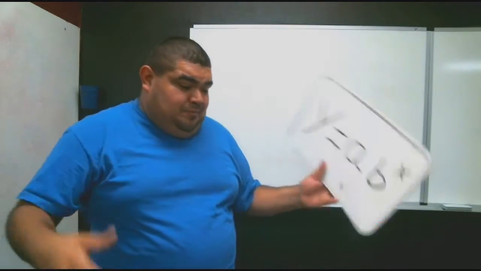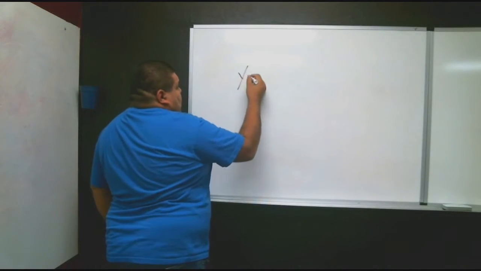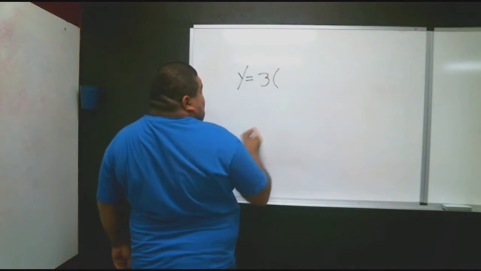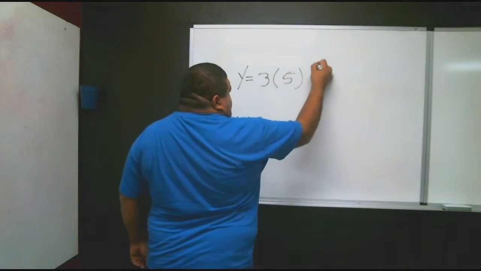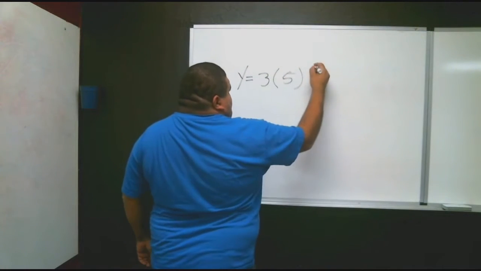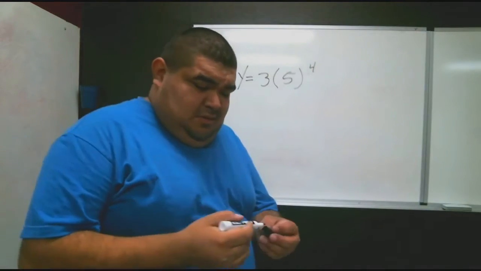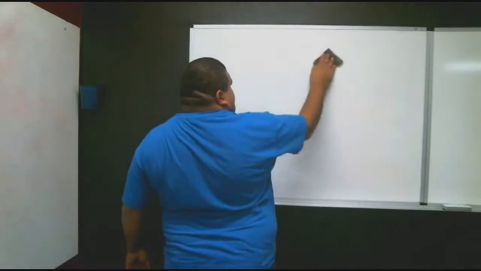For example, if I were to write on the board y equals 3 parentheses, because we have another number next to it, 5 to the 4th power. Probably should have written it a little bigger. Let me write it a little bigger so you guys can really see it.